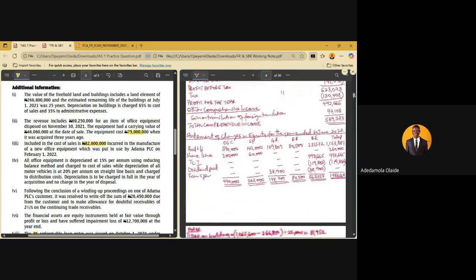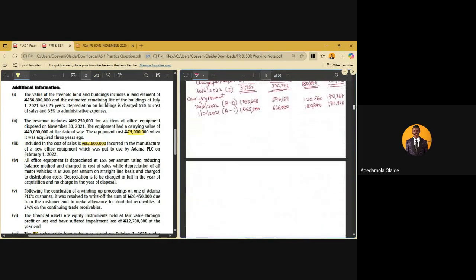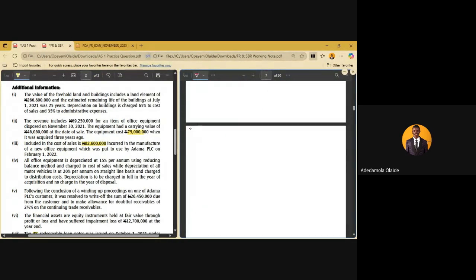So we can now go ahead to prepare our statement of financial position as at 30 June 2022.